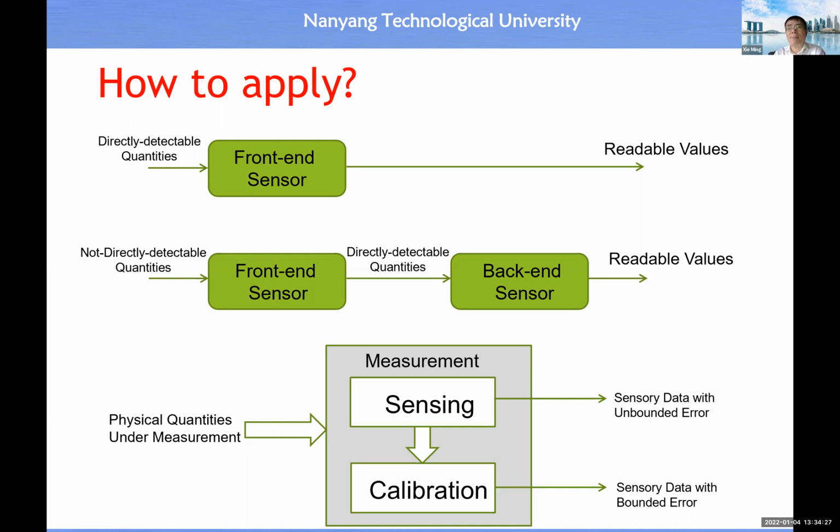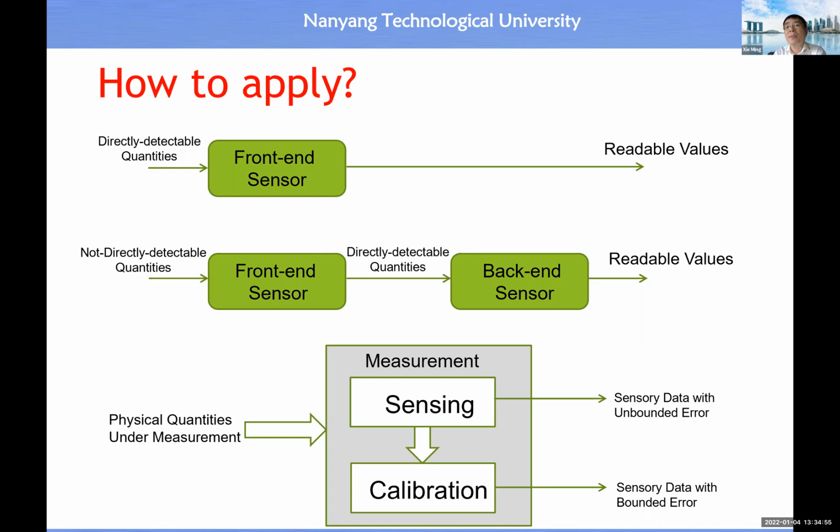Then the second step involved in the design of a sensor-related product or system is calibration. Calibration is a very simple process, but it is an extremely important process, because with calibration, the output from the sensor should be exactly equal to the input value of the physical quantity under measurement, all right?